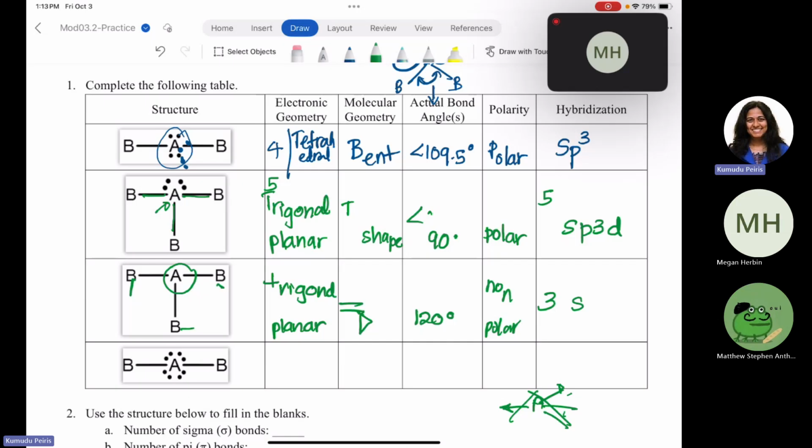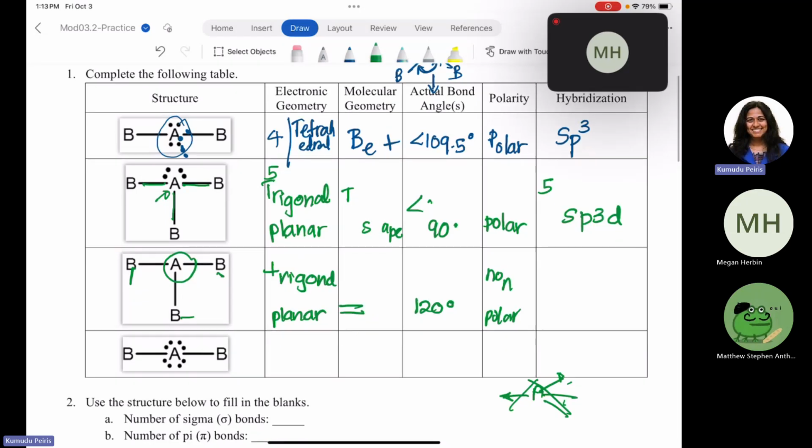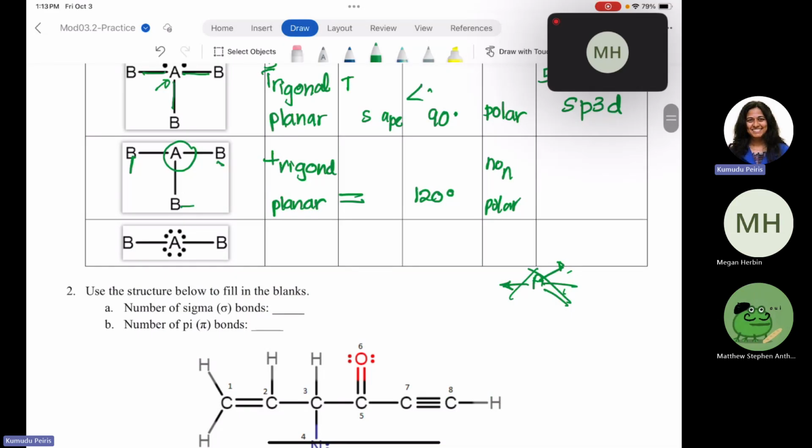What's going on? Okay. We have one s and p orbital. I don't know. Okay.